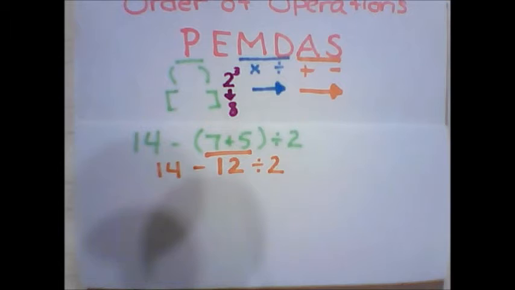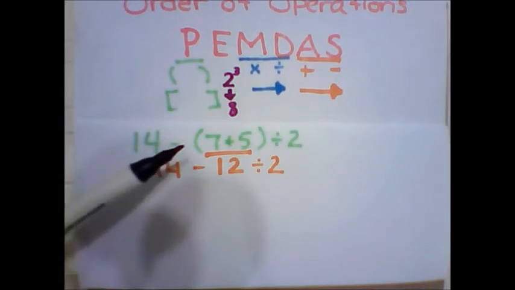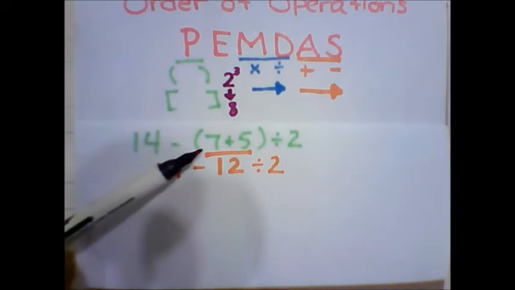Now I'm going to look and see, is there any more parentheses? Why didn't I keep the parentheses around my 12? I don't need the parentheses anymore because everything inside of my parentheses has already been simplified.